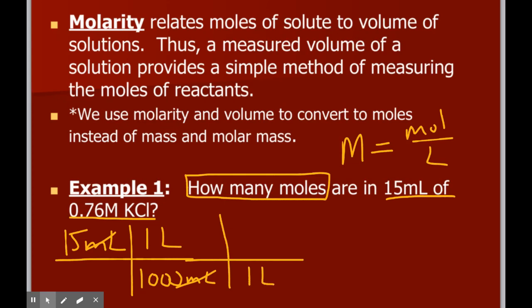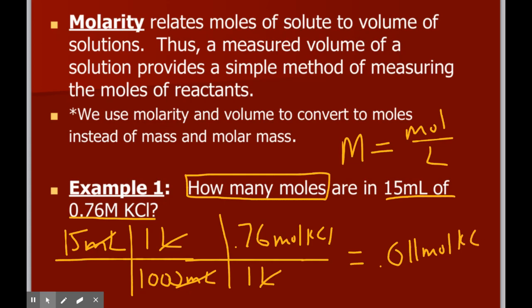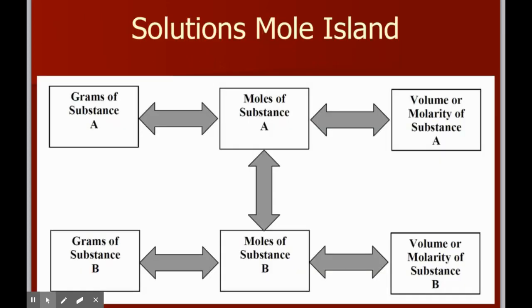In 1 liter of this solution, there are 0.76 moles of KCl. So liters cancel out and we're left with moles. So when you calculate that, you should get 0.011 moles of KCl.